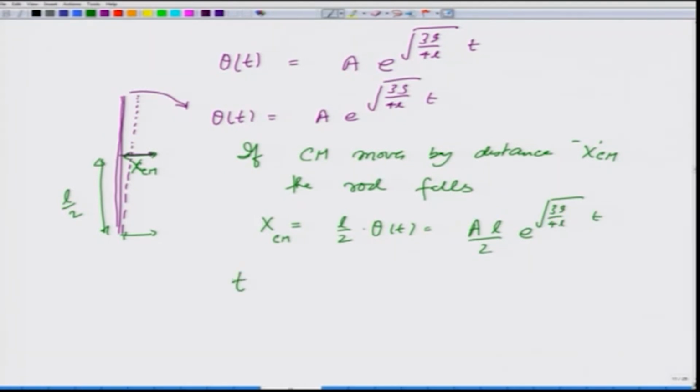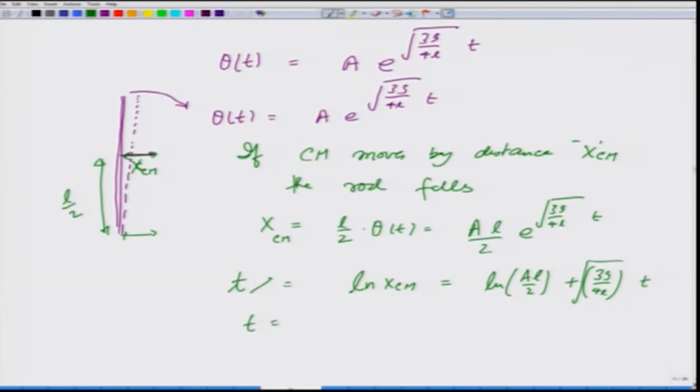So, the time taken for this center of mass to move distance x Cm is going to be equal to, let us take the log of both sides, log x Cm is equal to log of aL by 2 plus square root of 3g over 4L times t.